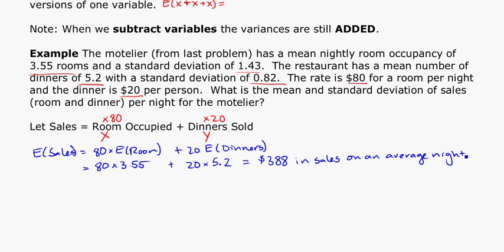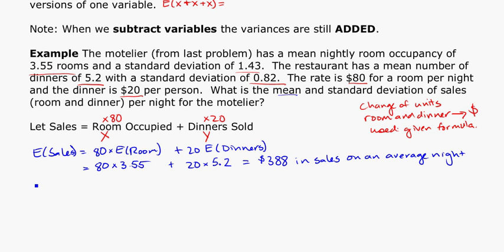And you'll notice here there was also a change of units, like we talked about in the previous video. We've gone from rooms and dinners to dollars. So there we used our given formula. The last thing that we need to piece together here, though, is we've done the mean, but we need to do our standard deviation.